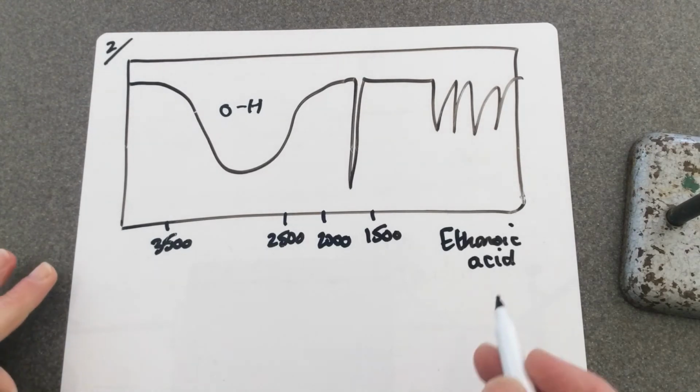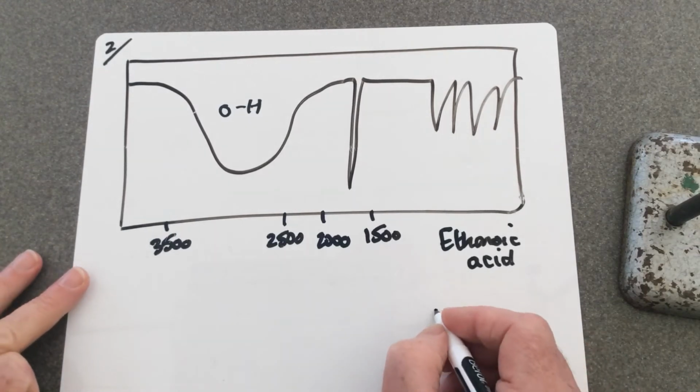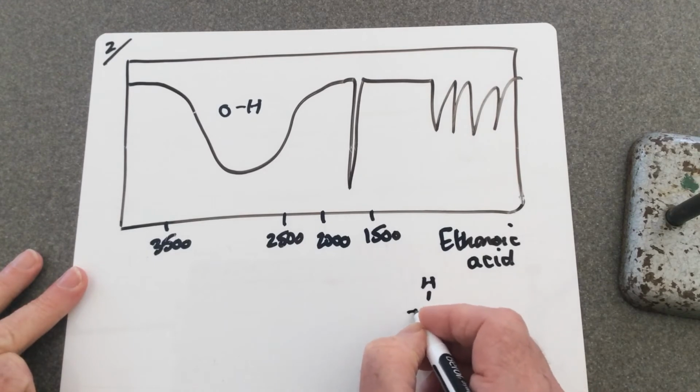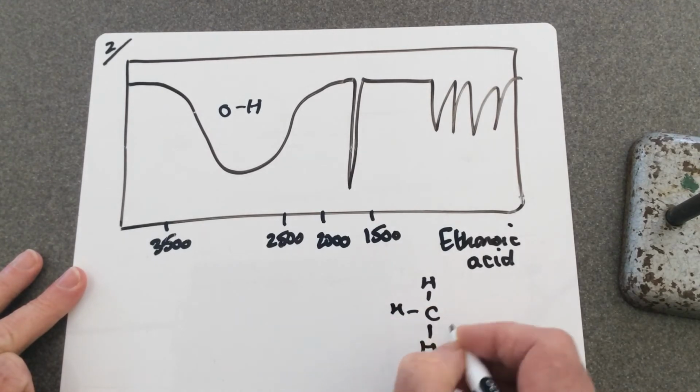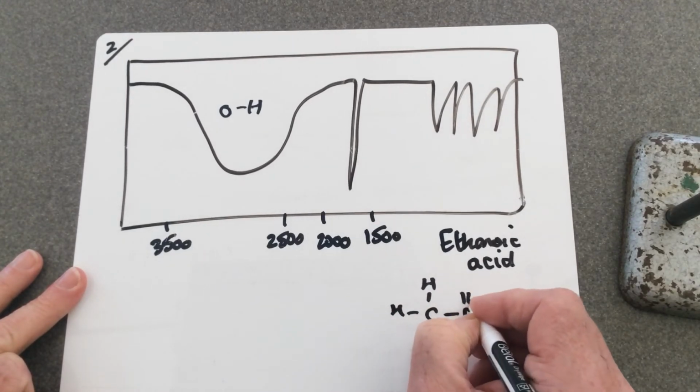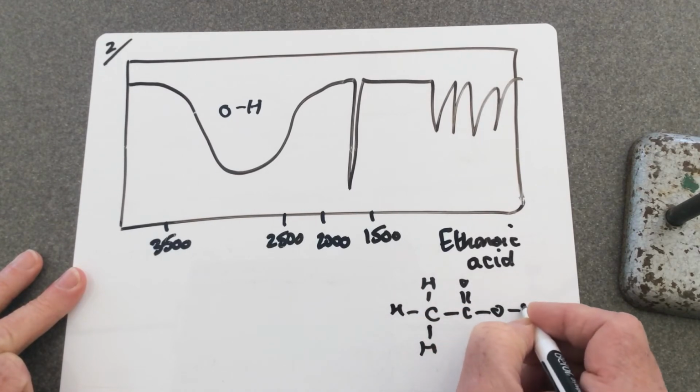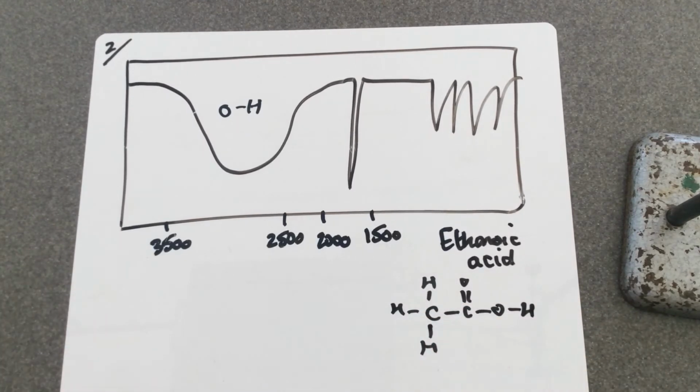Now, if I think about ethanoic acid, this is a sketch spectrum of ethanoic acid, I can also see that besides my OH bond, I've got the C=O double bond.